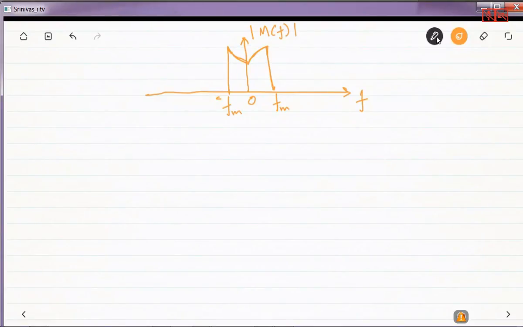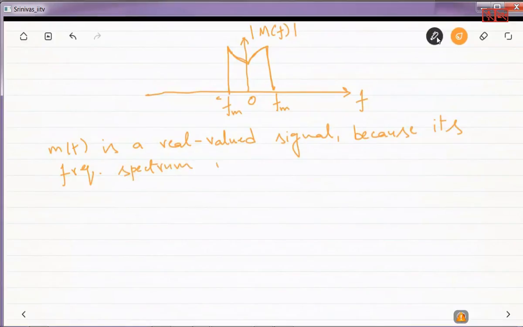So m of t is a real valued signal, because its spectrum is symmetric with respect to zero.